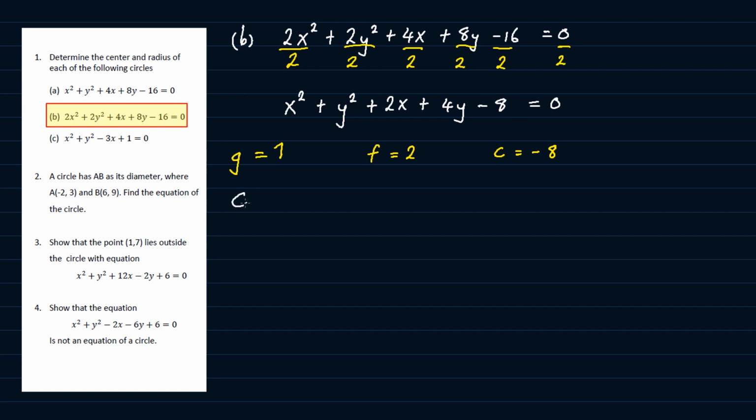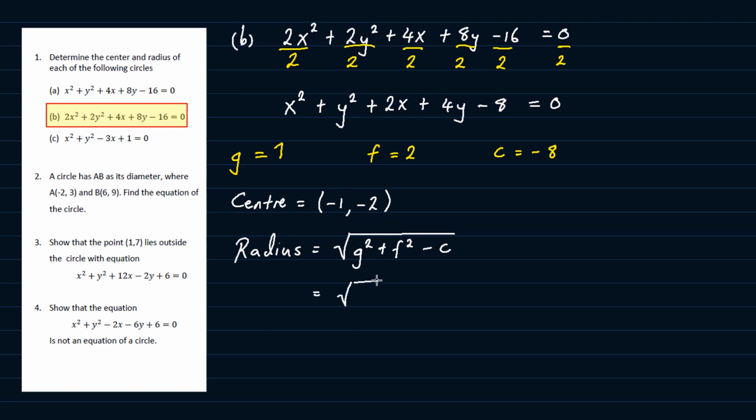So the center is minus G, minus F. So that will be minus 1 and minus 2. So that's the center. And for the radius, that's the square root of G squared plus F squared minus C. So this is going to give us the square root of 1 squared plus 2 squared minus 8.